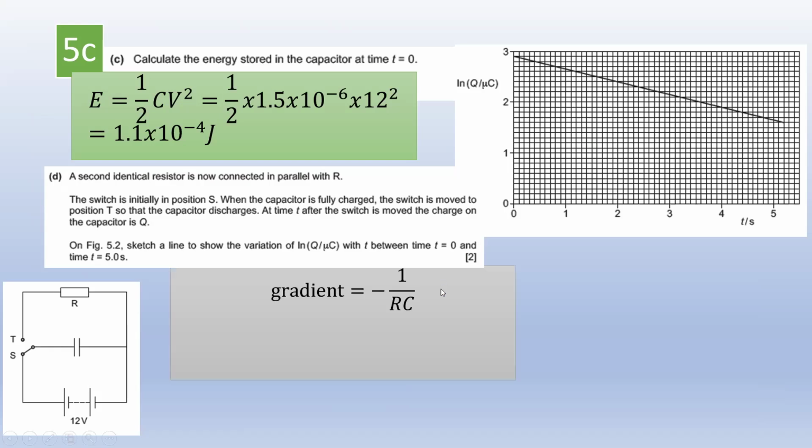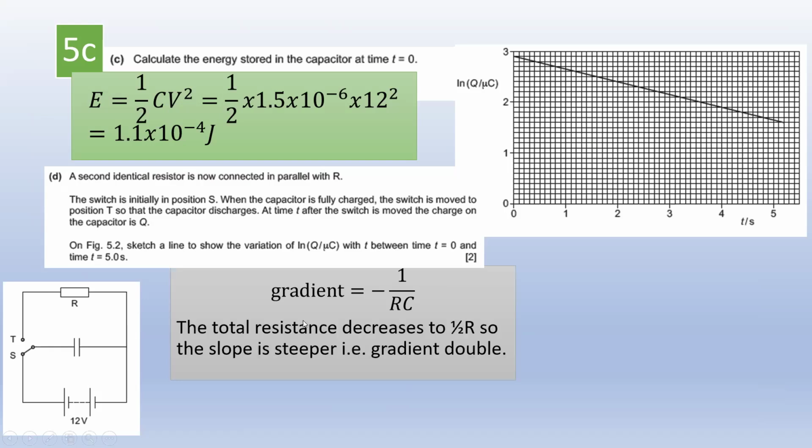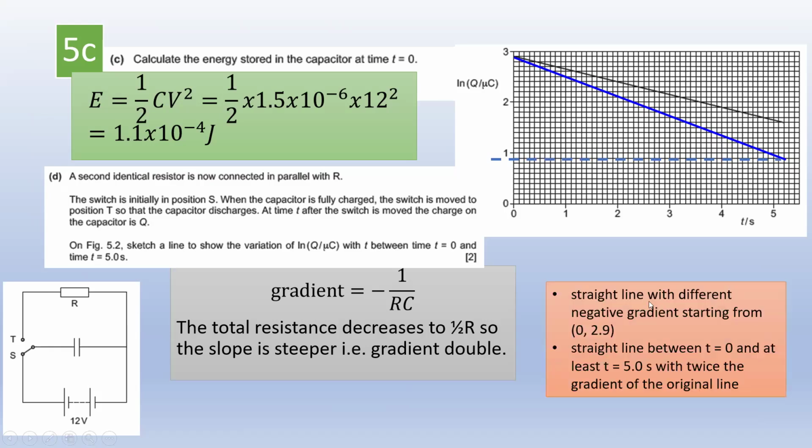Gradient starting is from 0, 2.9. Total resistance, the ampere is half R. So half R means that the gradient is double, right? So look at this part, at 5 there. That height must be half of that height. Okay, that's how they give the 2 marks. Okay or not? Okay.